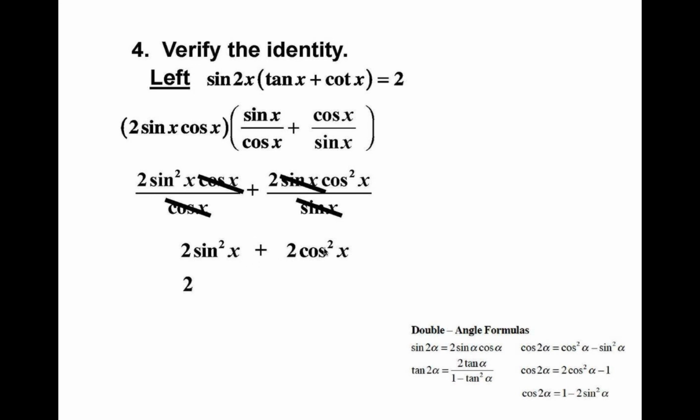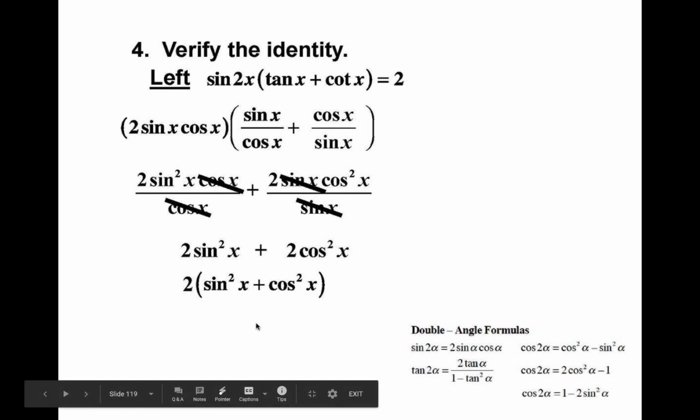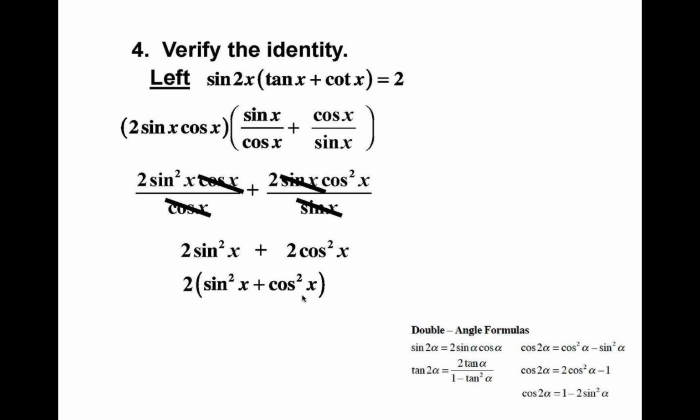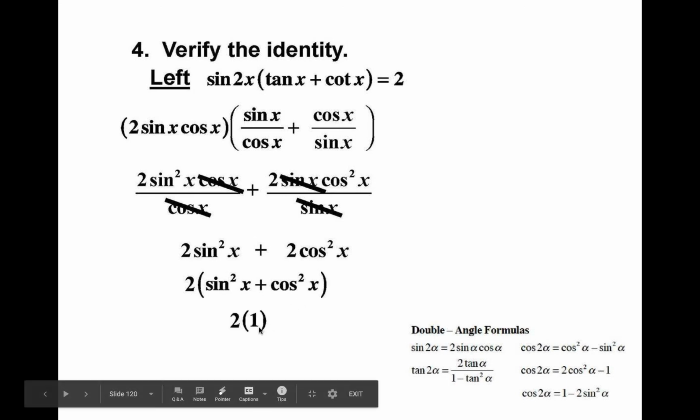So if I factor out a 2 from both terms, I'm going to get a sine squared x plus a cosine squared x. And hopefully you remember this is a Pythagorean identity. Sine squared x plus cosine squared x is equal to 1. So that whole parentheses becomes 1. And then 2 times 1 is 2. And now you've proven the right side.